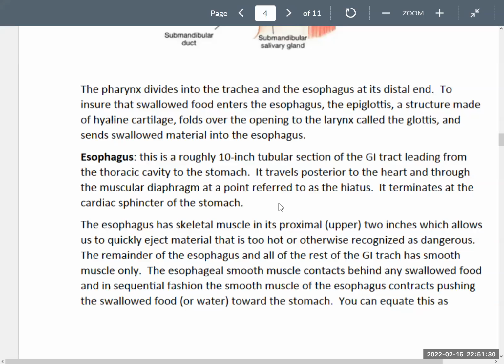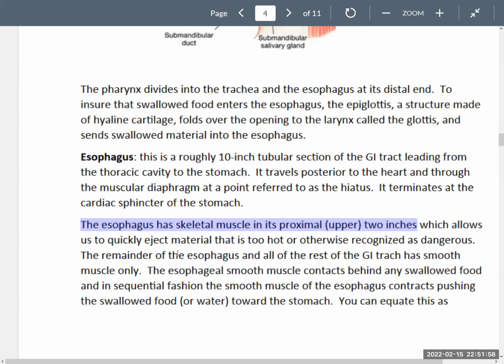The upper part of the esophagus, a couple of inches, has skeletal muscle. That allows us to quickly eject material if it's too hot or if we recognize that it's dangerous, the wrong stuff.